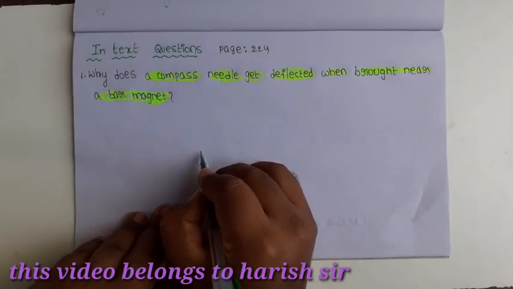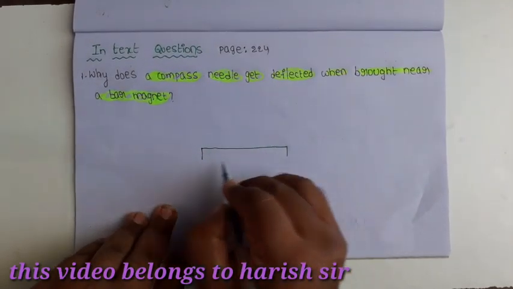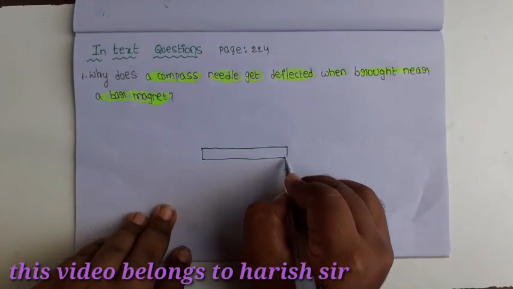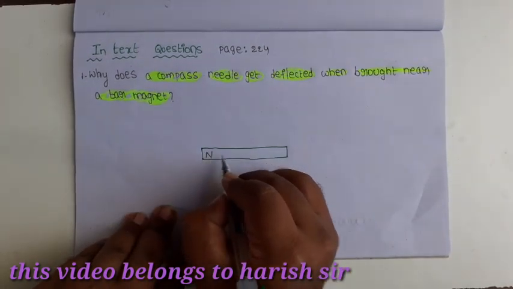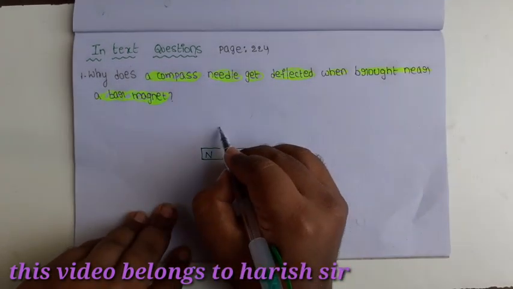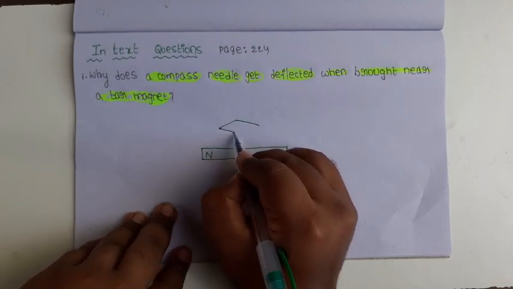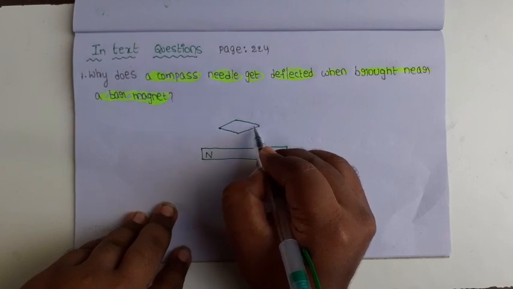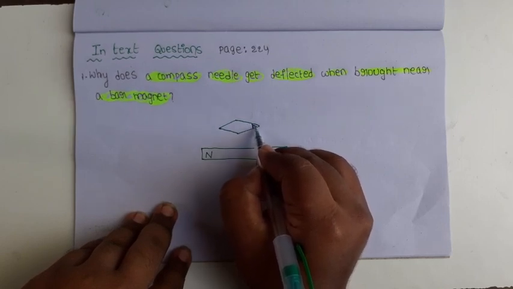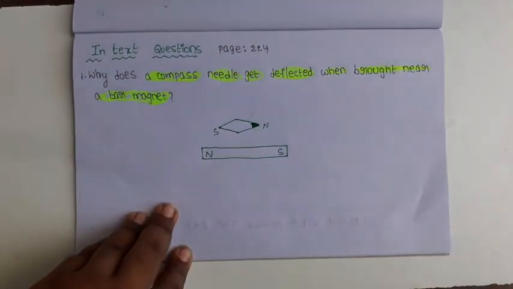This is a bar magnet. This is the North Pole. This is the South Pole. This is the compass needle. This is the North Pole. This is the South Pole.